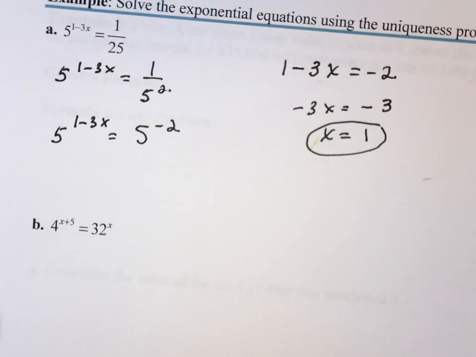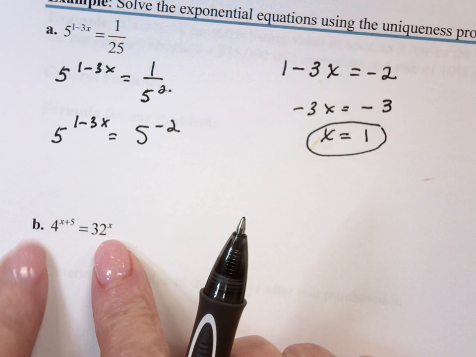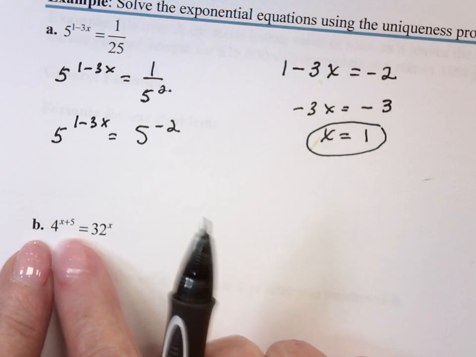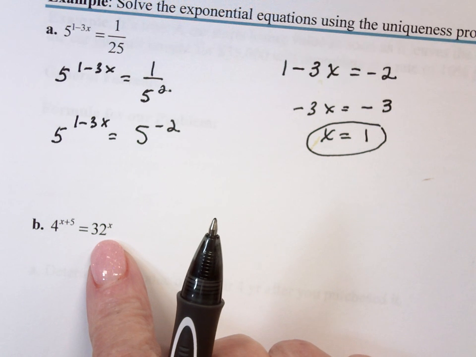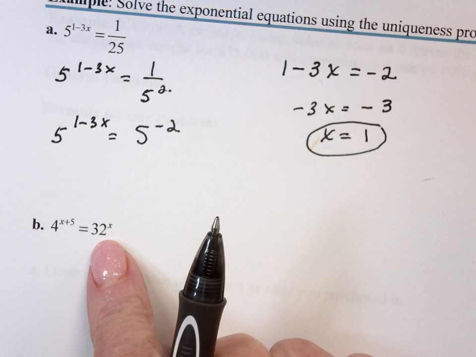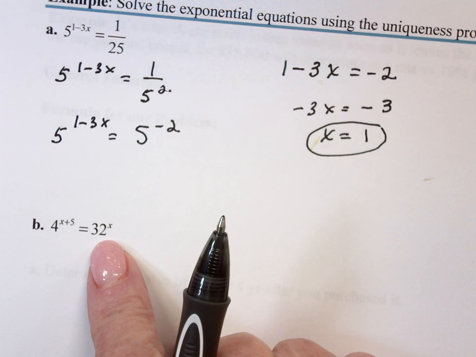Now, this is one of those problems where I look at it and see that the smaller number is 4. 4 can't be written as a base of 32. 32 can't be written as a base of 4. And given the way this thing is written, as we get into 5.5, I believe is where it is, this can be a butt ugly problem if you try to use a 5.5 method on it.